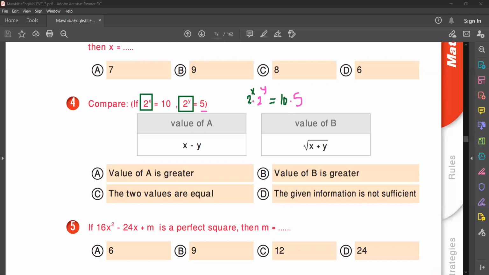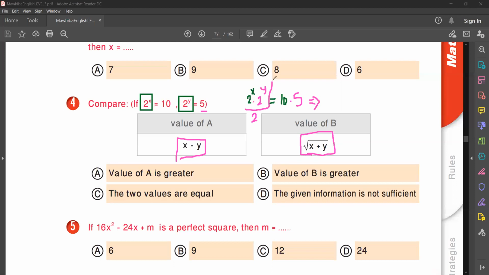So now 2 to the power x and 2 to the power y, we can combine, like this: 10 times 5 equals 50. We want x minus y, and x plus y. So how do I find it now?